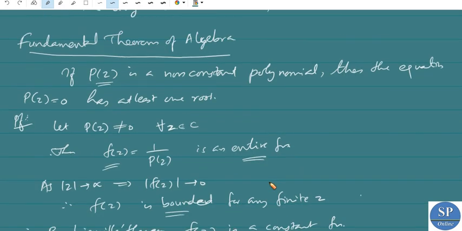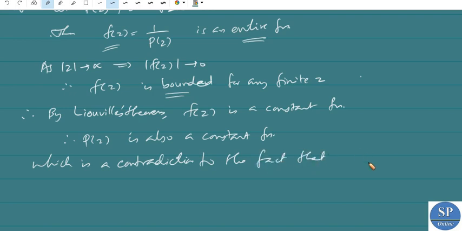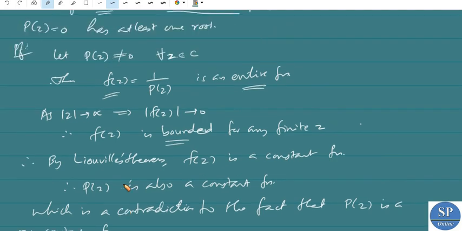But it is a contradiction, because we are given that p of z is a non-constant function. So that means our assumption is wrong. Our assumption was p of z is not equal to 0 for any z belonging to C. So this assumption is wrong.